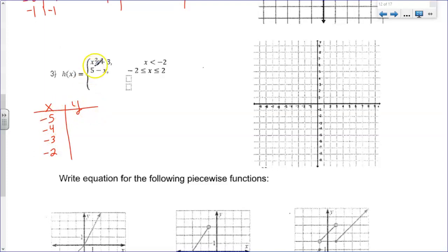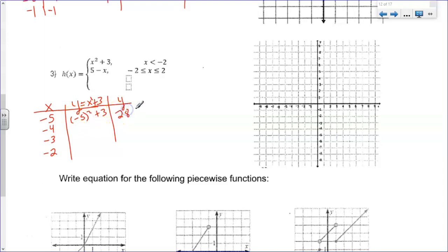When I plug -5 in there, we can go over here and take this y and move it over here. And then this could be y equals x squared plus 3. So it'll give you room to work it out. So you're going to have negative 5 squared plus 3. Negative 5 squared is 25 plus 3 is 28.